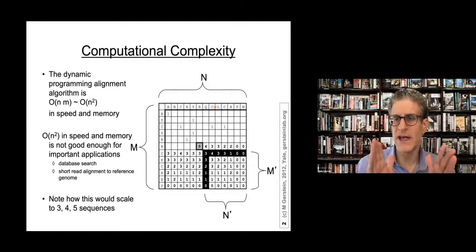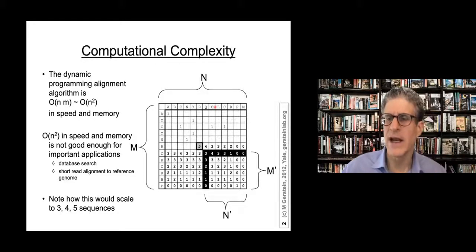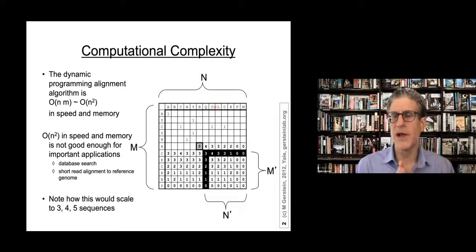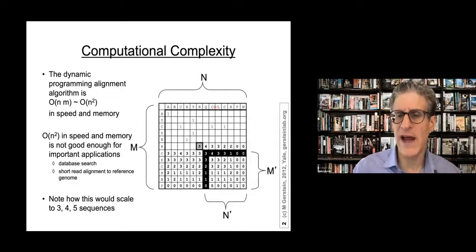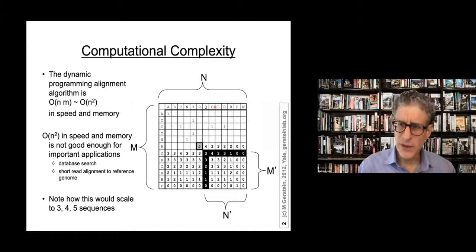And now if you did it for 4 sequences, it would go up to n to the 4th. And you can see that if you wanted to do a multiple alignment of 40 sequences, you'd have n to the 40th. You couldn't do that that easily. It would just scale terribly with the sequence sizes. And that's why for multiple sequence alignment, people have to use these heuristic approaches.